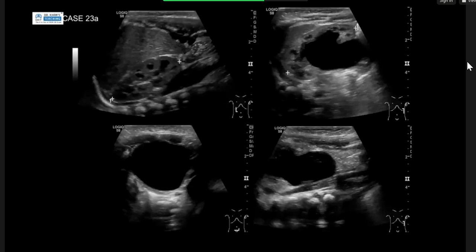Further, also on the left side, there's marked abrupt shouldering of the pelvic ureteric junction. And on the axial image, the bladder appears normal.